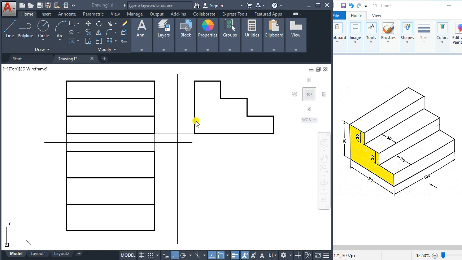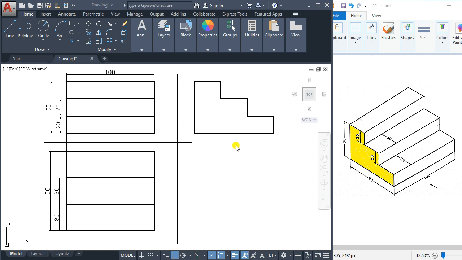Like this, you can draw the front view, top view and side view of the given object, and these are called orthographic projections. If you want to give dimensions, you can give them also: 100 here, 60 here, and 20, 20, 20 here, and in the top view this 90 here, and 30, 30 here. The remaining will be 30, understood, and here the remaining will be 20, understood.